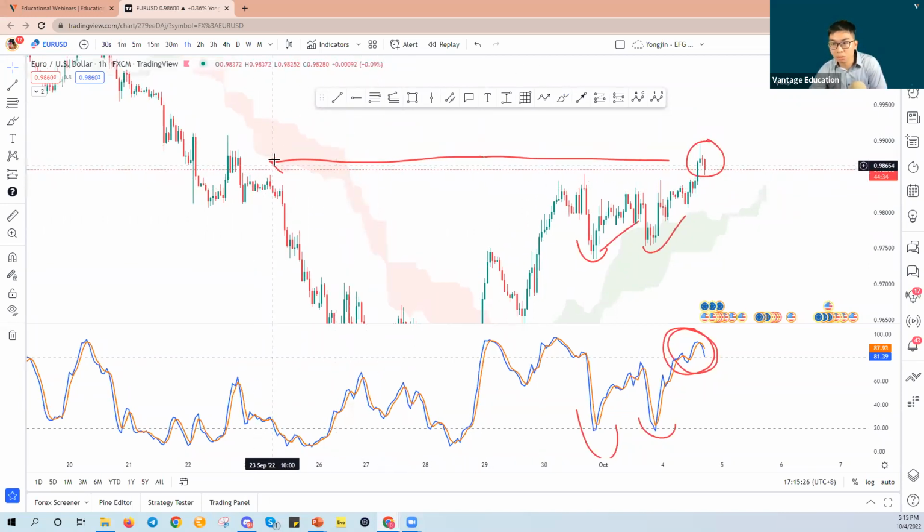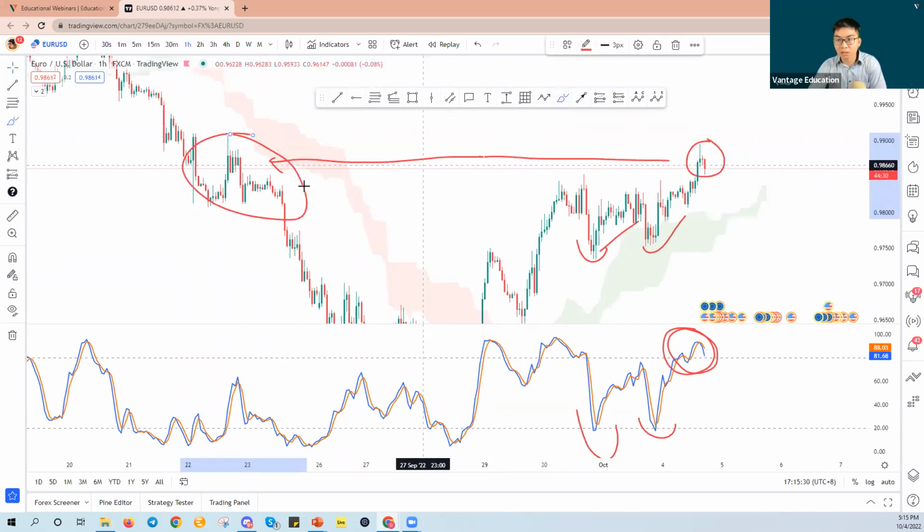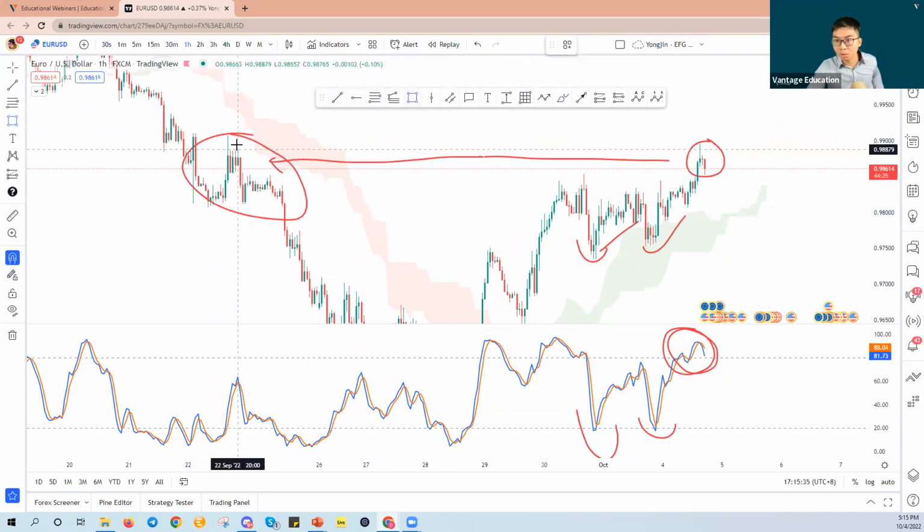So if you look to the left right here, what's this area? This is on the hourly chart. Some of you guys might want to draw a box for this block. Let me close the Ichimoku.